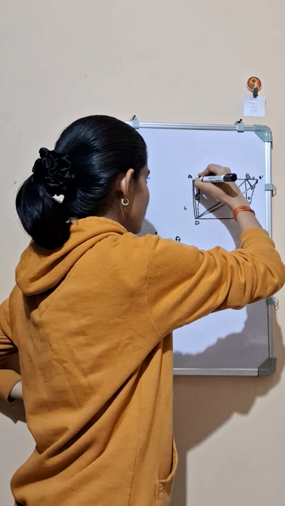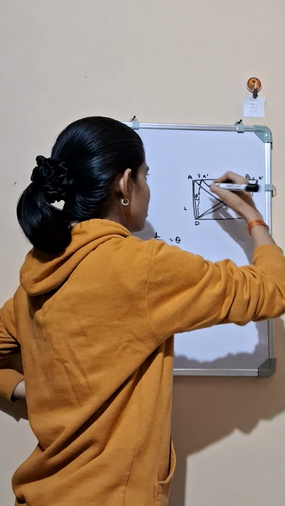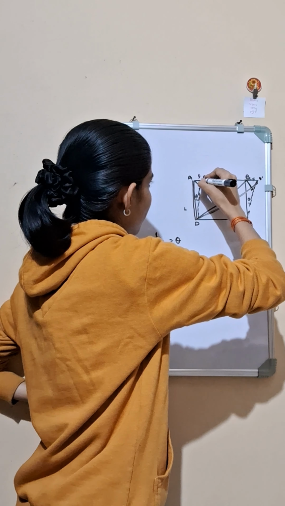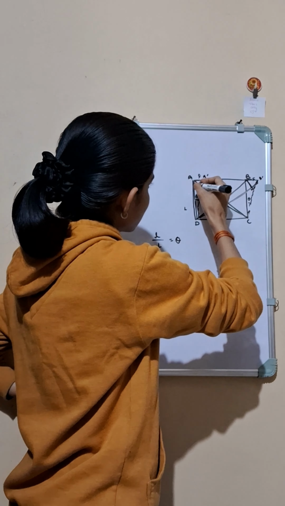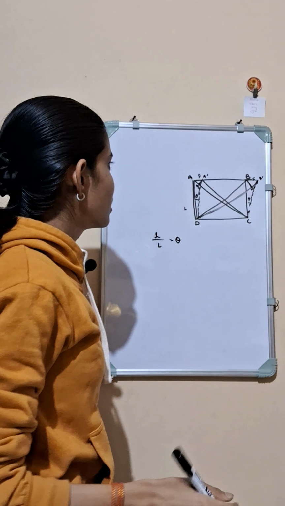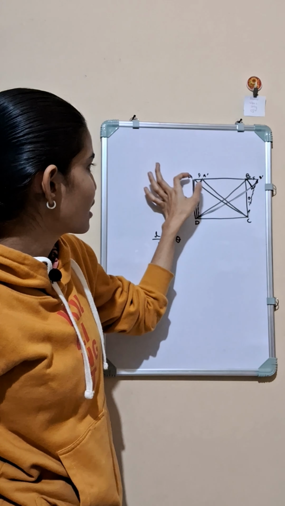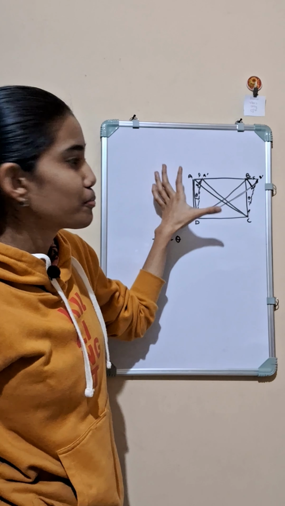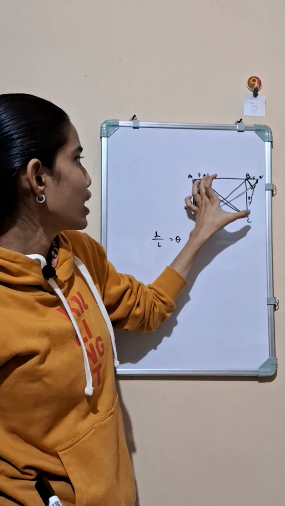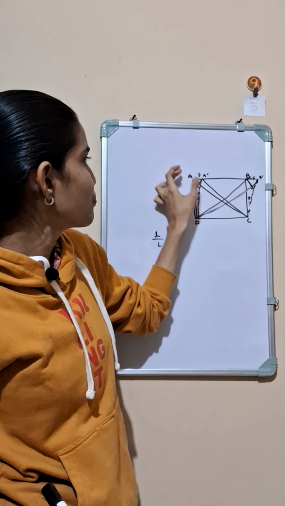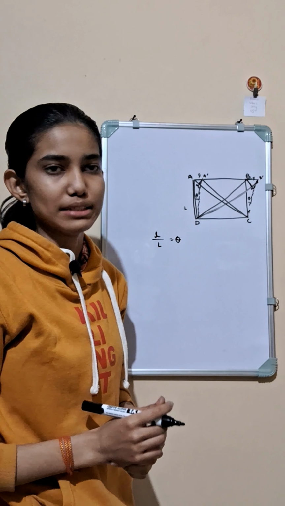Similarly, in case of AC, if I draw the diagonal and put a perpendicular from A dash onto AC and name this point M, then I can see that the compression of this diagonal is AM, meaning the length of the diagonal decreased from AC to A dash C, and this decrease is AM, so A dash C is AM smaller than AC.